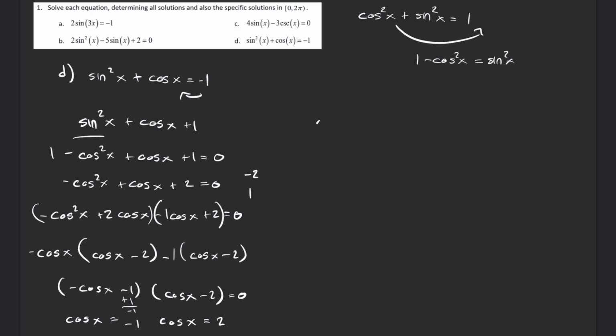Now, finally, we can write our answer as x equals pi, because that's where cosine is negative 1. Also, remember, cosine can't equal more than 1, so that's not an answer anymore. So plus 2k pi, and that's for all solutions, and for a solution in the interval, we'll simply have pi.